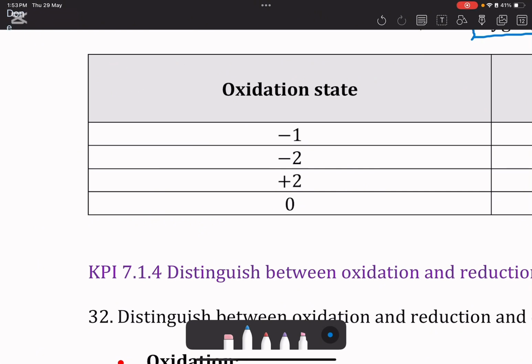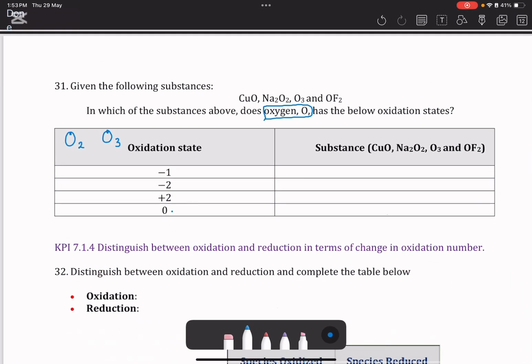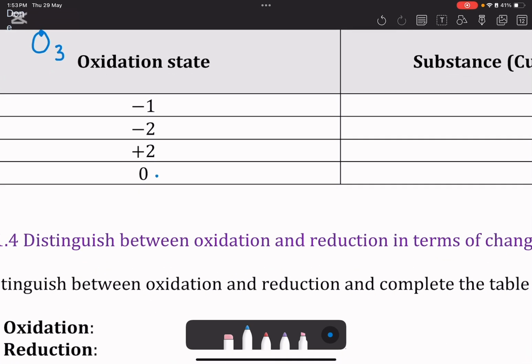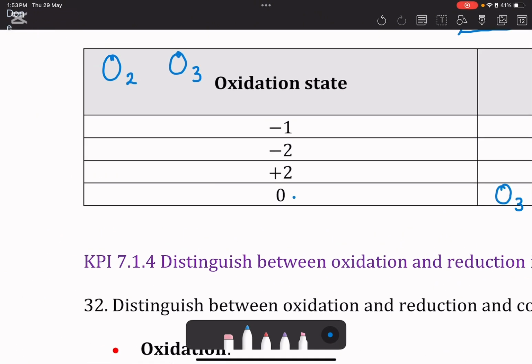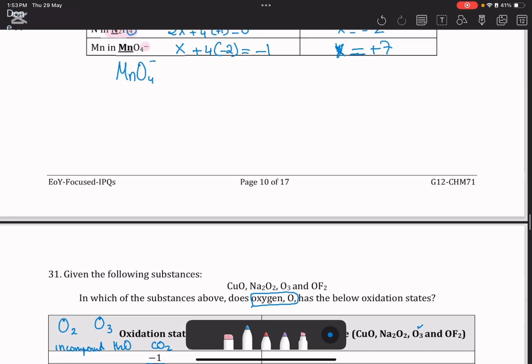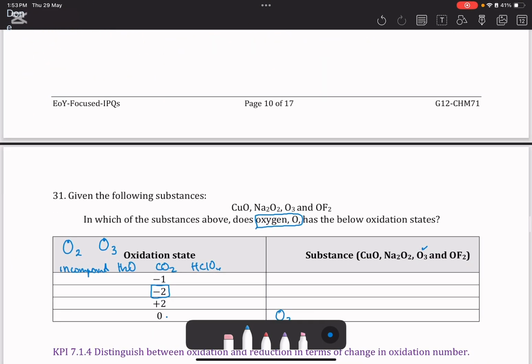So 0, it has to be for a free element. So in this case, it's O3. If no exceptions, oxygen in compounds, in any compound, H2O, CO2, HClO4, any compound, oxygen is going to be negative 2, and that's what we did in this previous question.